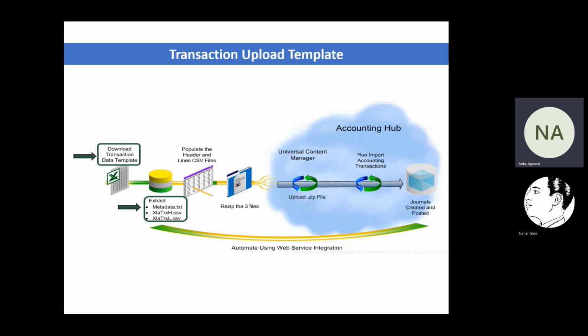And you might be remembering, in the user defined job roles, we have provided the accounting hub integration duty role. To perform this step, your user must have the general accounting manager job role also. Otherwise, you must add the upload data for accounting hub import role to the job.